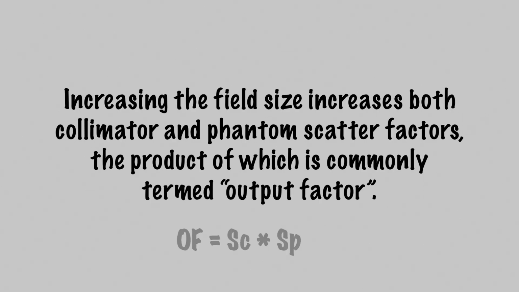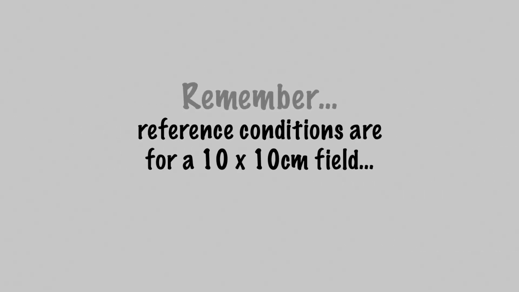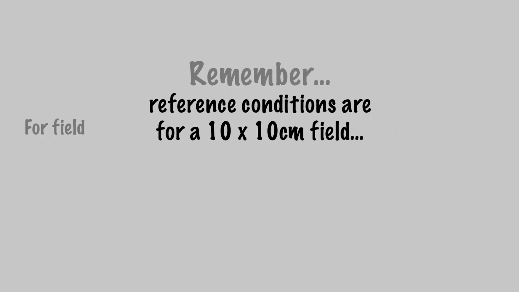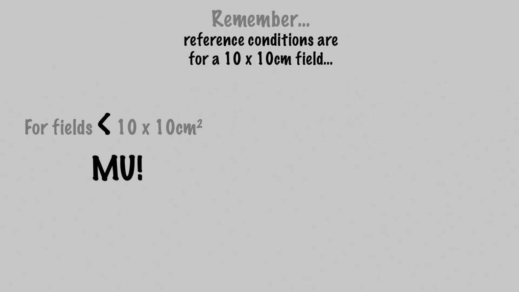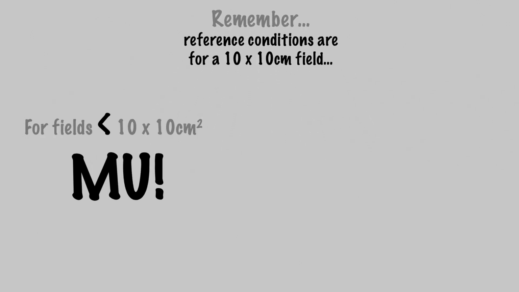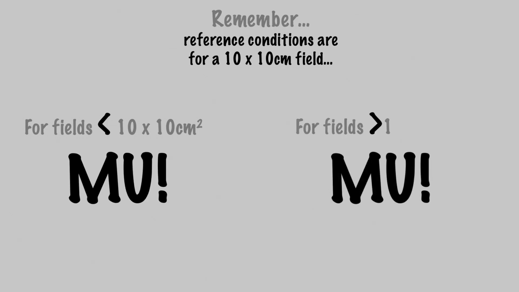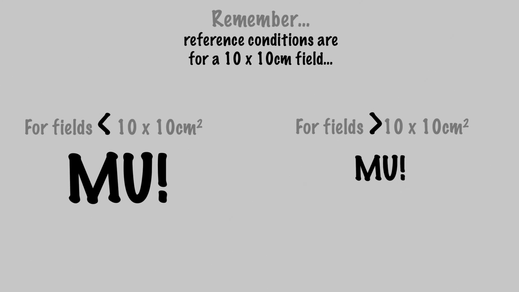Since reference conditions are for a 10 by 10 centimeter field, we have to make adjustments for output factor when using larger or smaller field sizes. For fields smaller than 10 by 10, there will be less scatter and more MUs required. For larger field sizes, there will be more scatter and less MUs required.